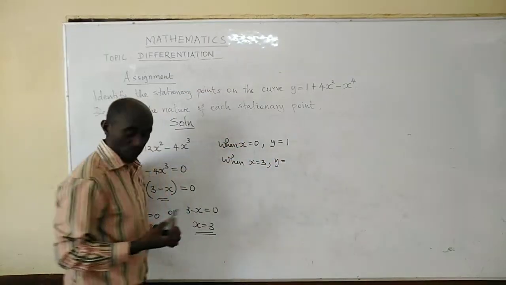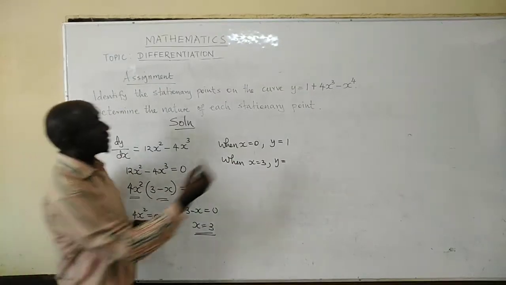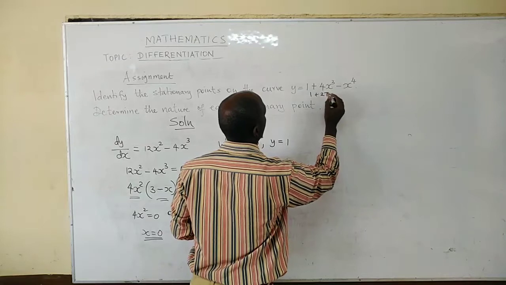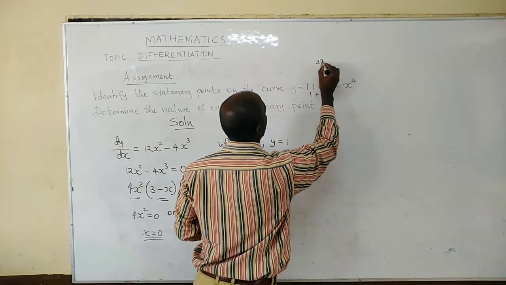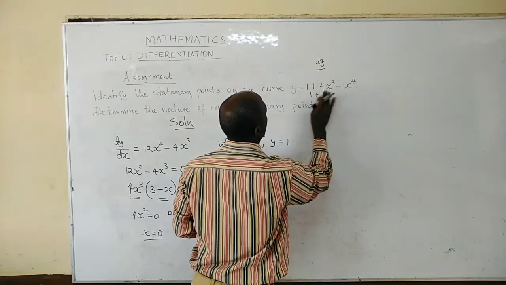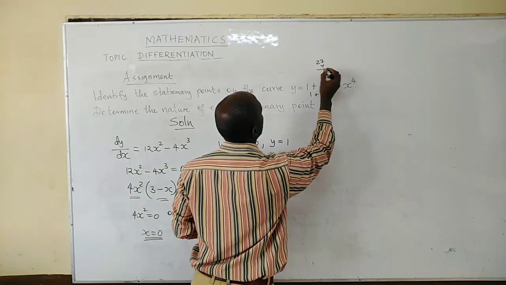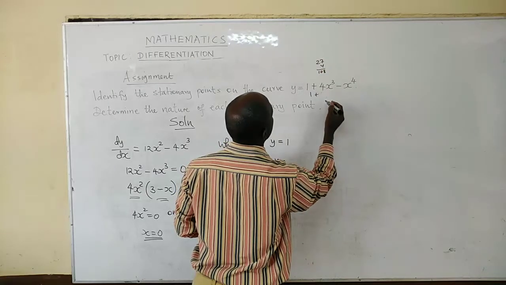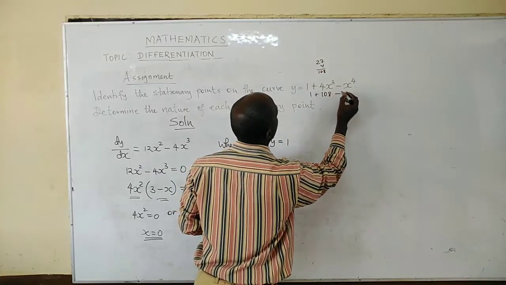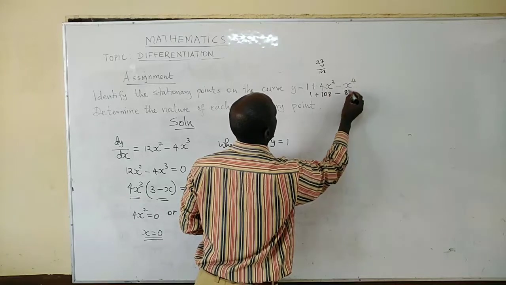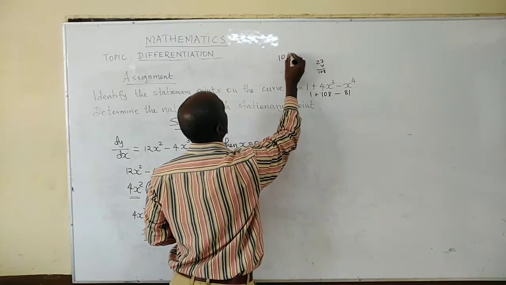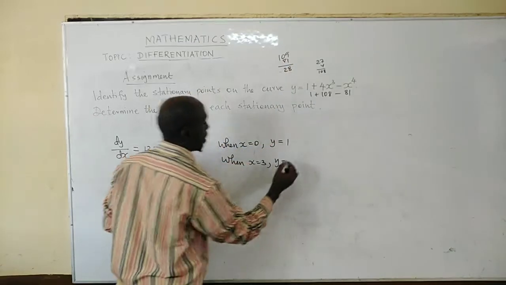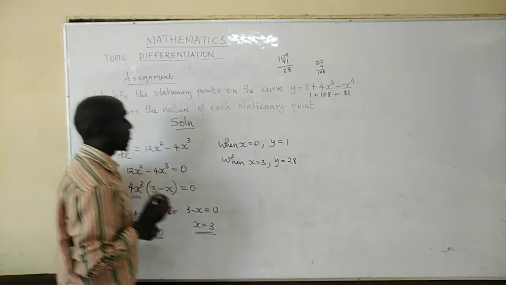So 1 plus 27 times 4, that is 108, so 109 minus 81. It will be 28. So y will be 28.